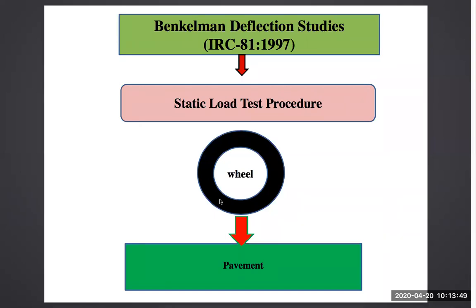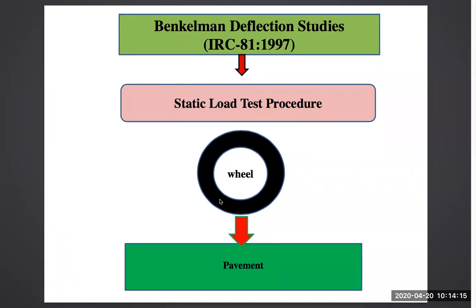If a pavement is completely regaining back, then it is in good condition. And if it has any residual deflection, meaning there is a permanent deformation on the pavement, you apply the load and it does not regain its original position, that is known as residual deflection.